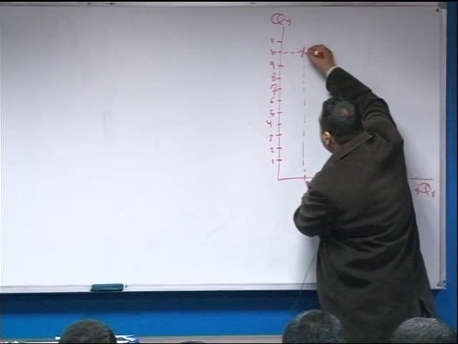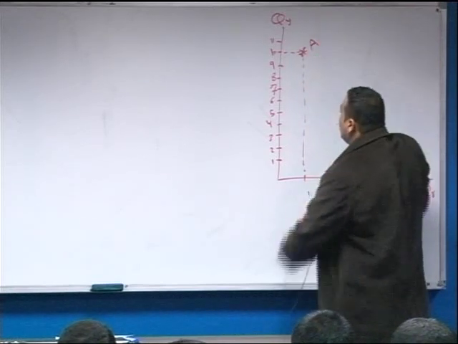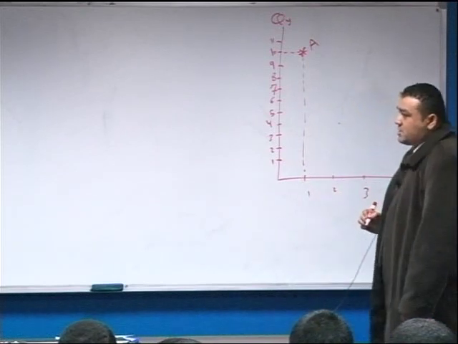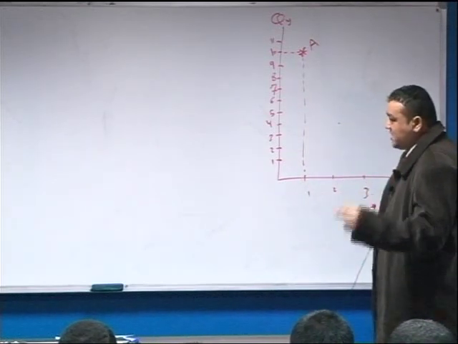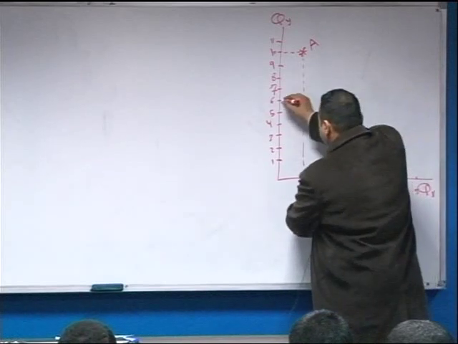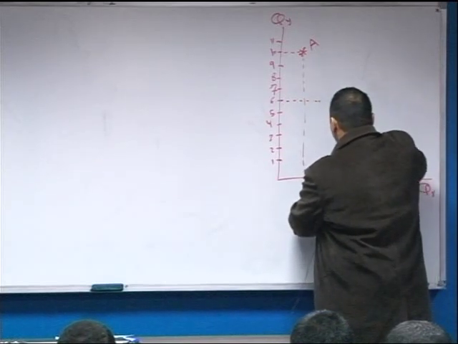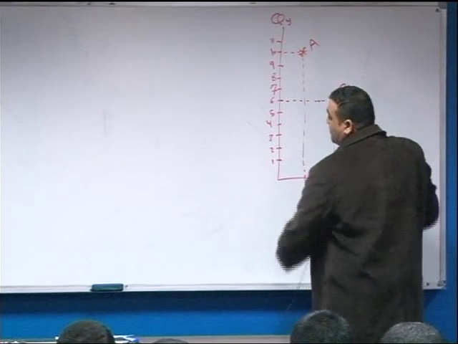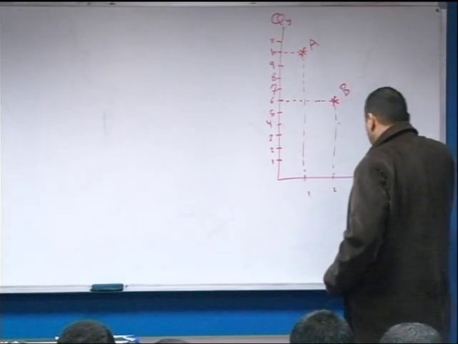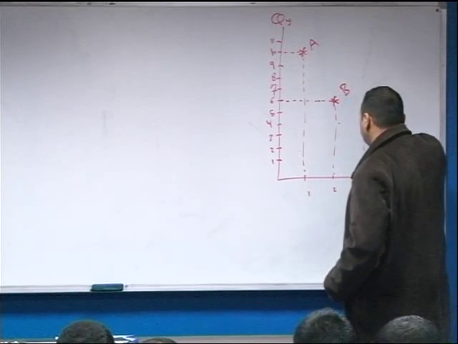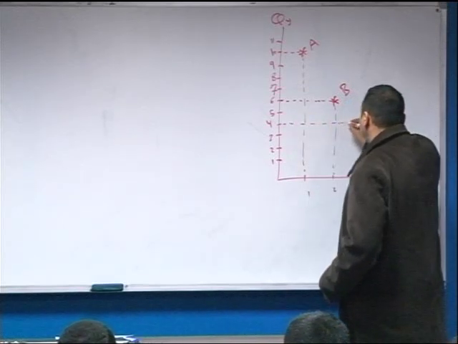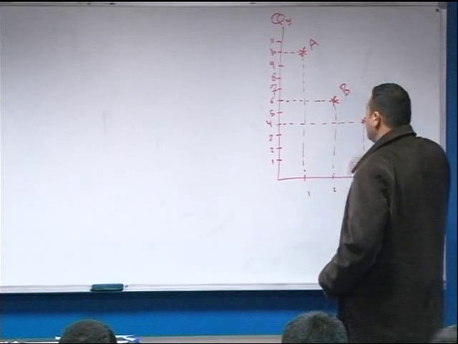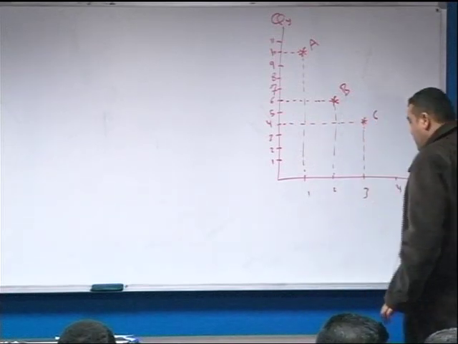This is point A. At point B, the consumer consumes 2 units of X and 6 of Y. B. C: 3 and 4. D: 4 and 3.